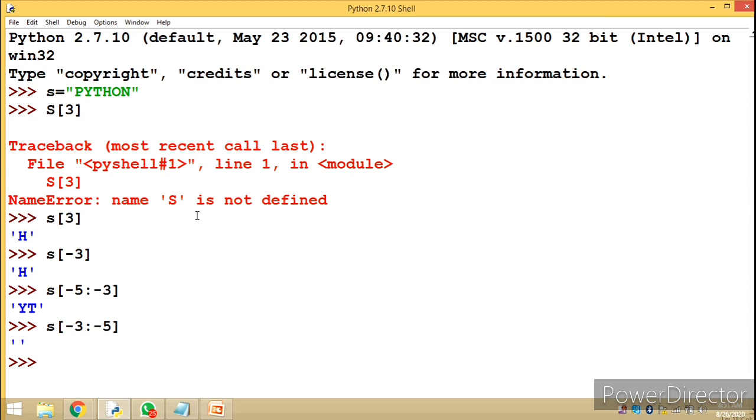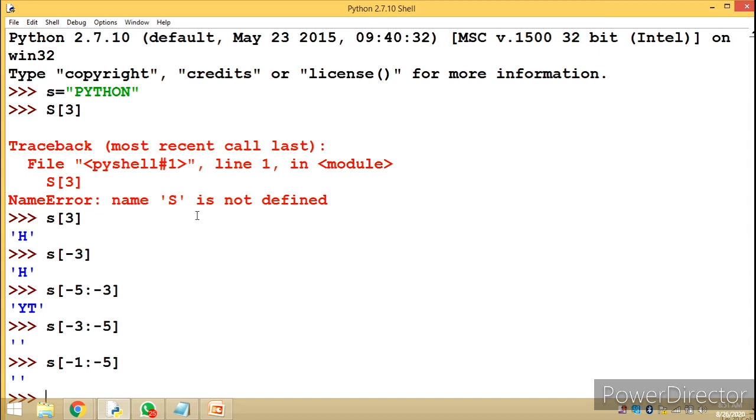So if I say over here S minus 1 to minus 5, see what you are getting. You are getting nothing. Sir, there will be an error.